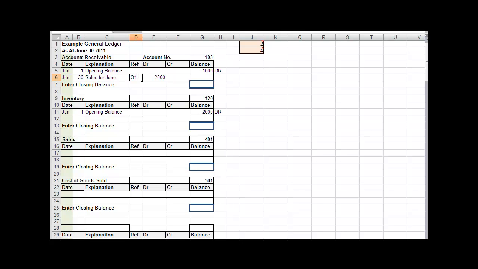So S1 stands for Sales Journal 1. That's the journal reference column. The journal is Sales Journal 1, debit $2,000. We already were owed $1,000, so that's going to make our balance $3,000.